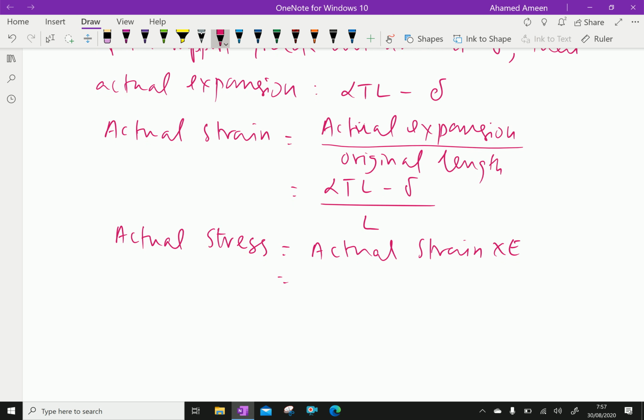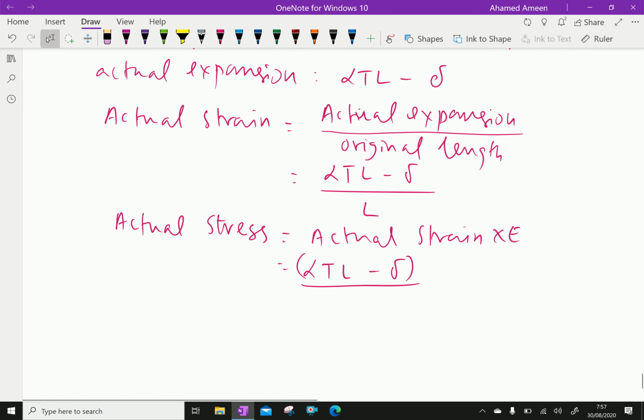Actual strain we have as alpha TL minus delta over L, into E.